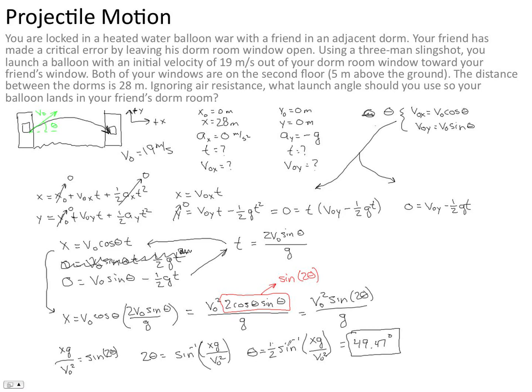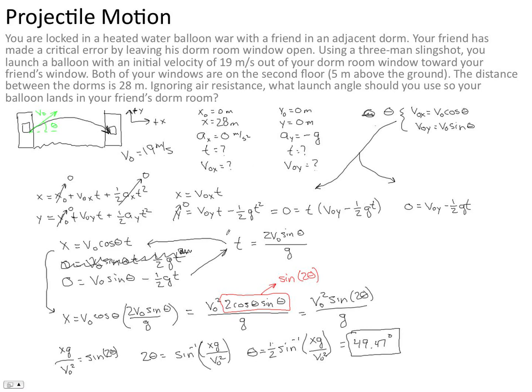Now, there is one thing to point out. This particular projectile motion is an example of a situation that we call level horizontal flight. The reason is because the vertical position where the projectile takes off is the same as the vertical position where the projectile lands.